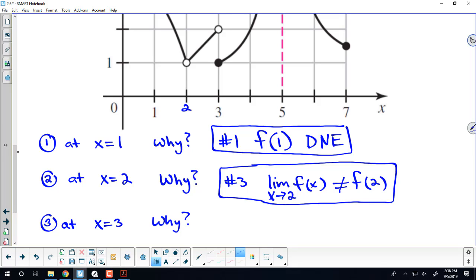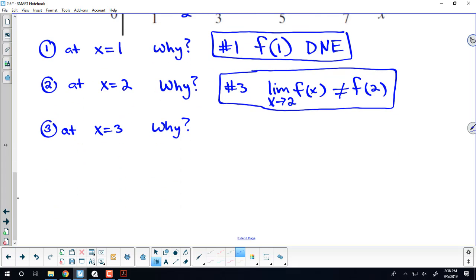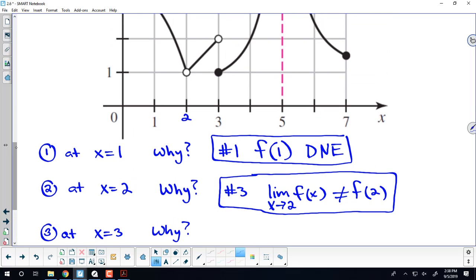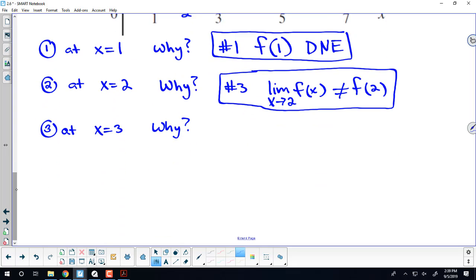It's true that there's a break in the graph, but that's not technical. That's just a visual aspect. So which item corresponds to x equals 3? Number 2, yeah, the limit does not exist. So the limit as x approaches 3 does not exist.